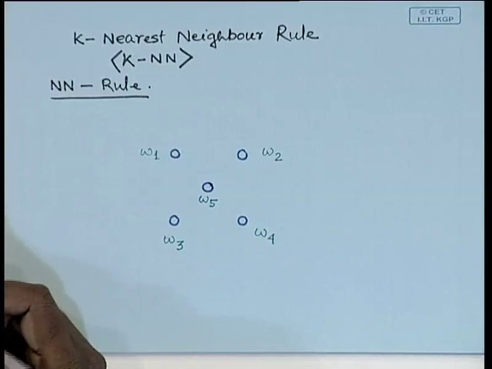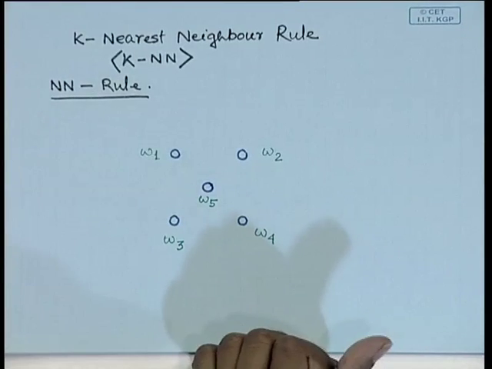So, you find that whenever I go for the nearest neighbor rule, the nearest neighbor classifier is nothing but a minimum distance classifier, because the class to which I am classifying this unknown sample, I have one sample from that class whose distance from the unknown sample is minimum. So, naturally, this is nothing but a minimum distance classifier.